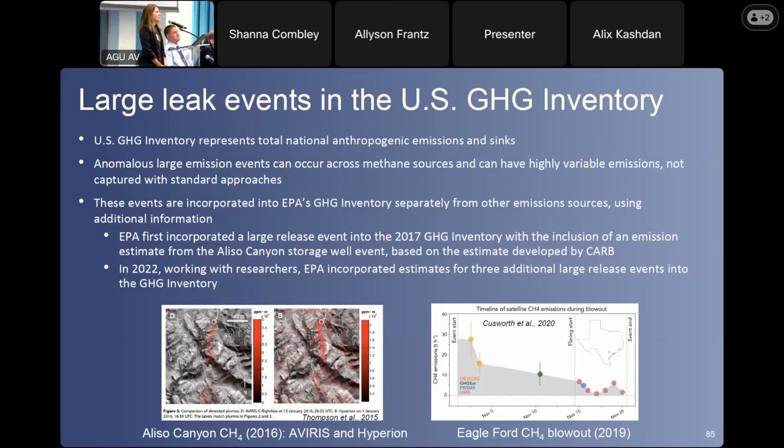In 2022, we worked with a number of researchers that used primarily satellite and other information to develop estimates for 3 large well blowout events in the production segment of natural gas systems. And so we used that information to incorporate those distinct estimates into the inventory as well. Next slide.